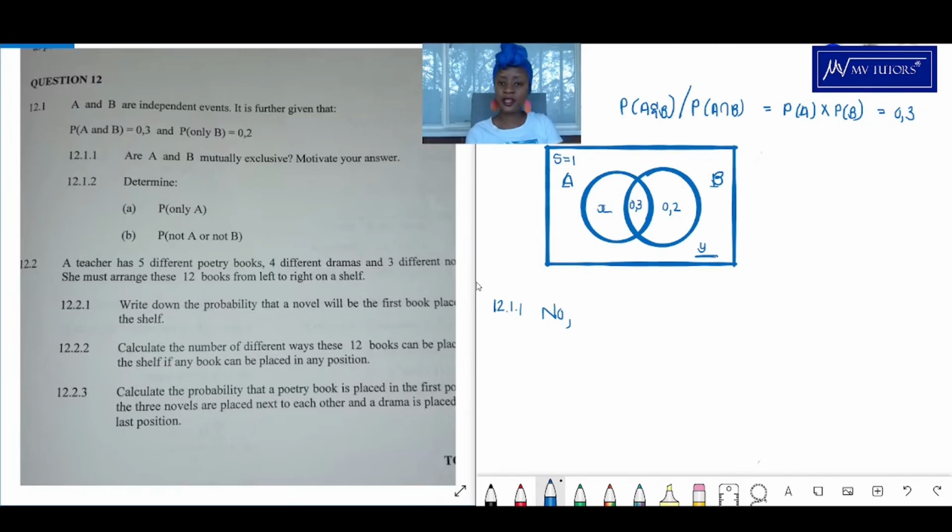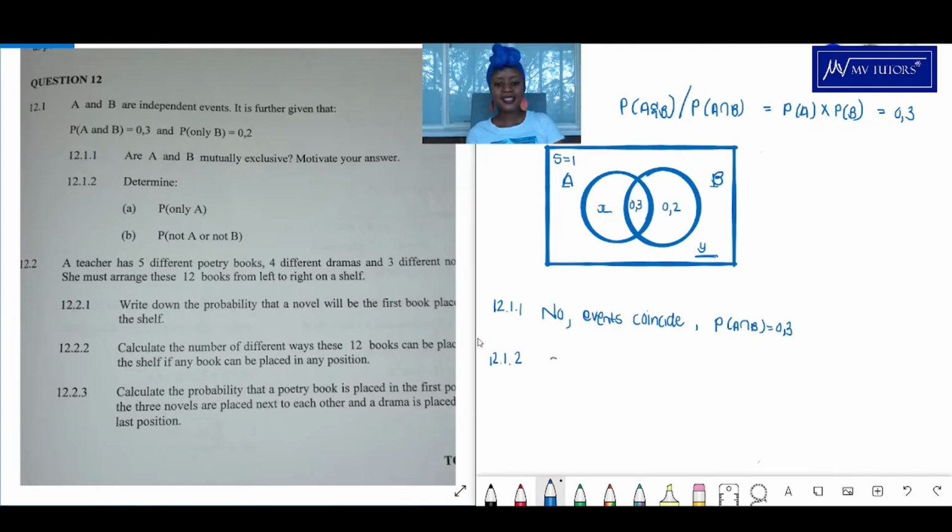They say motivate your answer. I would say the events coincide. If you want to be more technical, you could say the probability of A and B is equal to 0.3. There is an intersection, they happen at some point at the same time, so the events coincide, hence they are not mutually exclusive.